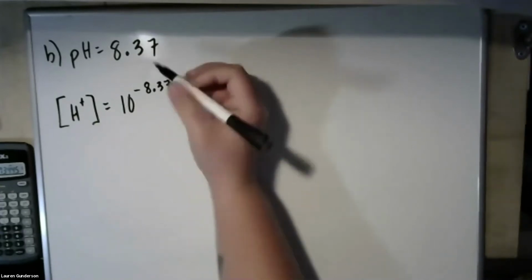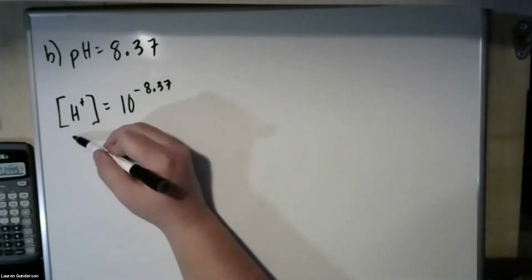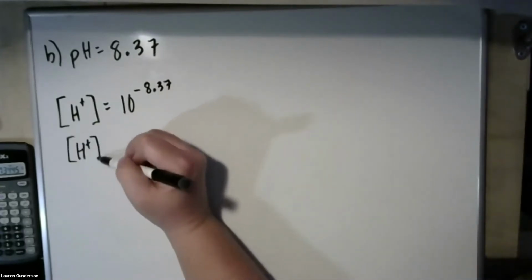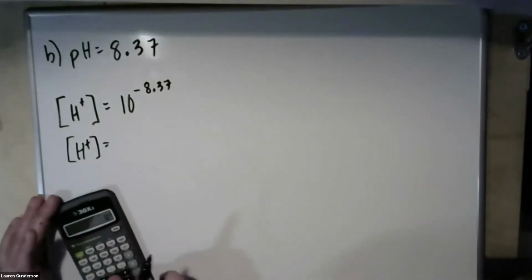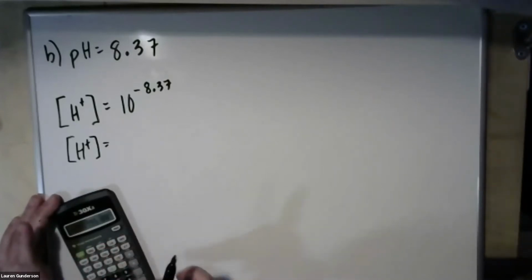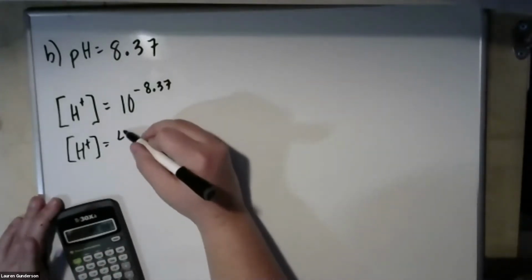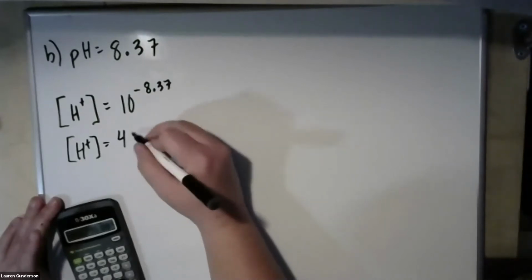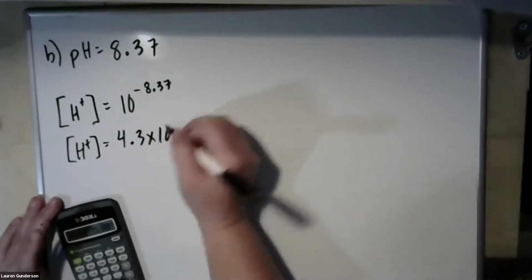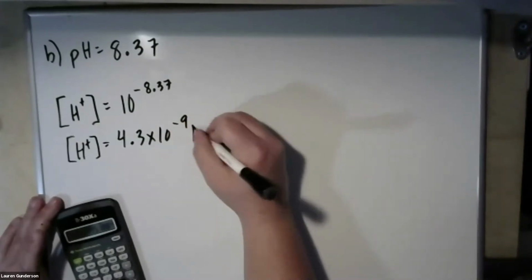So I'm going to do 10 to the negative pH. All right, and I get a hydrogen ion concentration of 4.3 times 10 to the negative 9 molar.